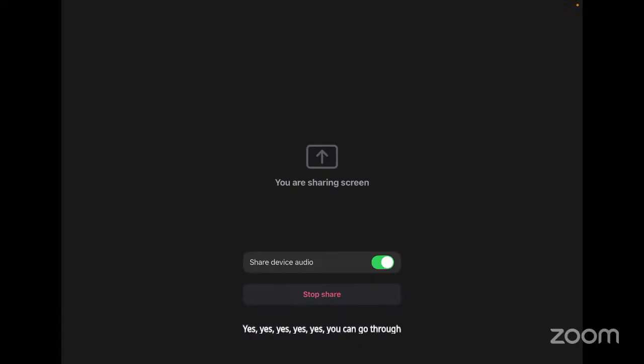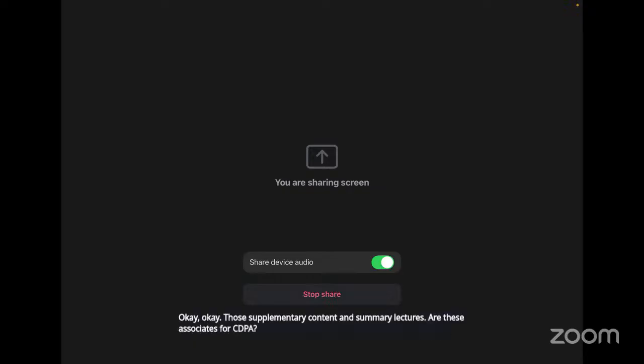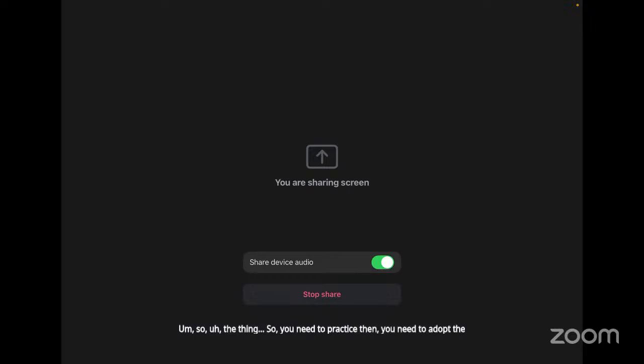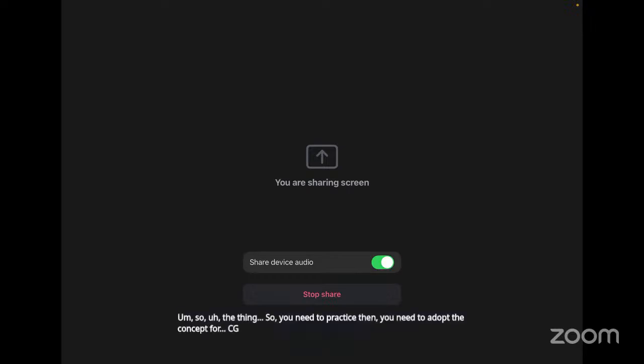Okay. Are those supplementary contents with summary lectures sufficient for CGPA? This was my last. So the thing is, you need to practice them. You need to adopt the concept for CGPA. The questions will be moderate level, but you should have the concept to attend the questions.